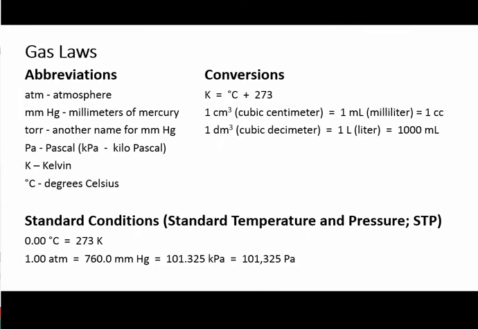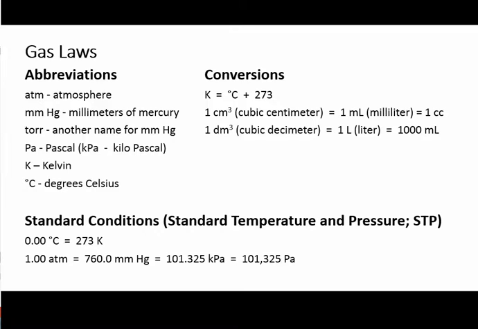All right, so in previous instruction, we went over Charles' Law. And we're about to get into some things about Boyle's Law. Boyle's Law involves pressure. So I want you to know that there are a number of different units for measuring pressure.